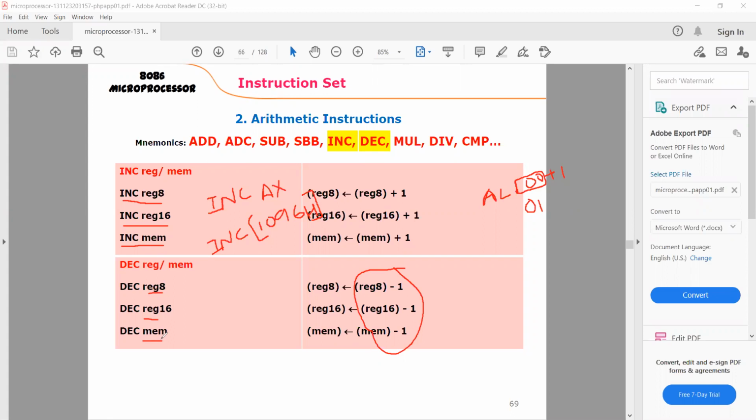If you use INC, the content will be incremented by 1. If you use the decrement operation, the content will be decremented by 1. That is the meaning of these things here.